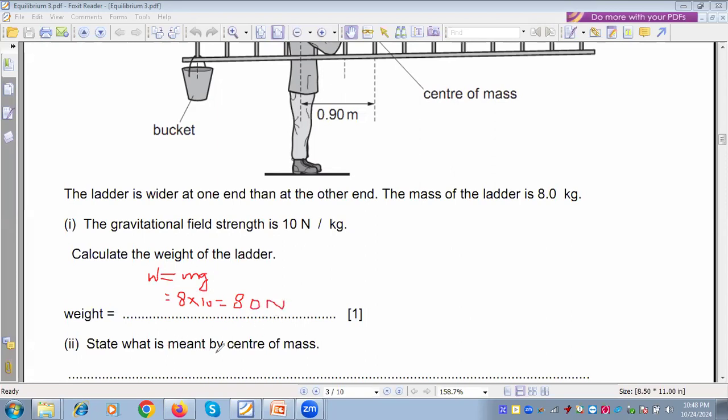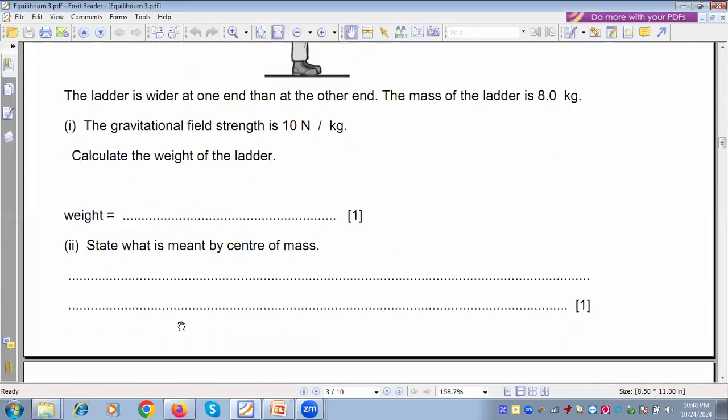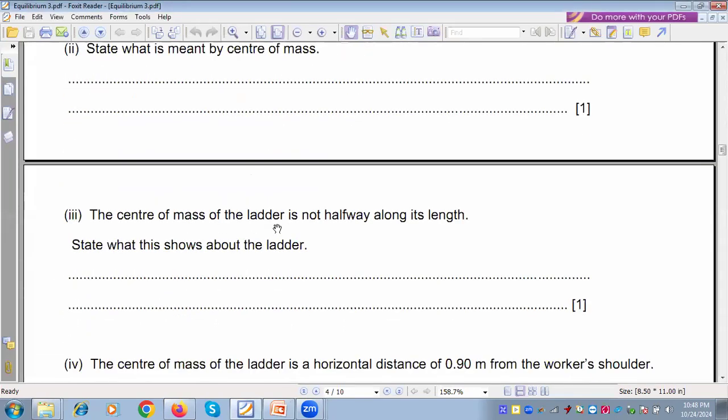State what is meant by center of mass. Center of mass, this is the point where the entire weight will be acting, or more concentration of the mass is present. The center of mass of the ladder is not halfway along its length. It means it is not a uniform ladder. If we have a uniform meter rule, center of gravity lies at 50 centimeter mark.